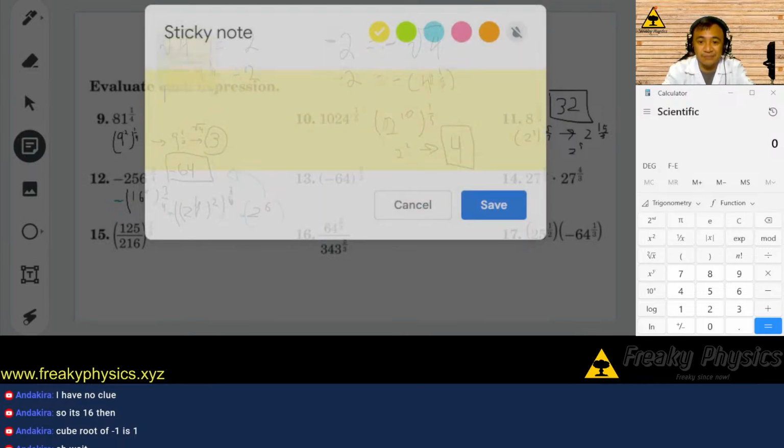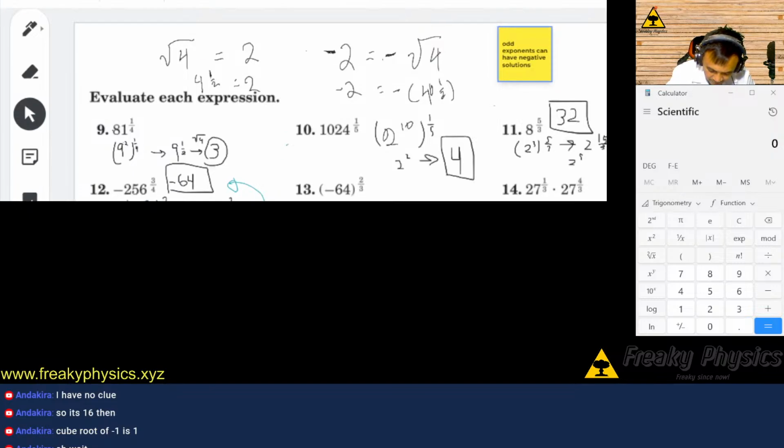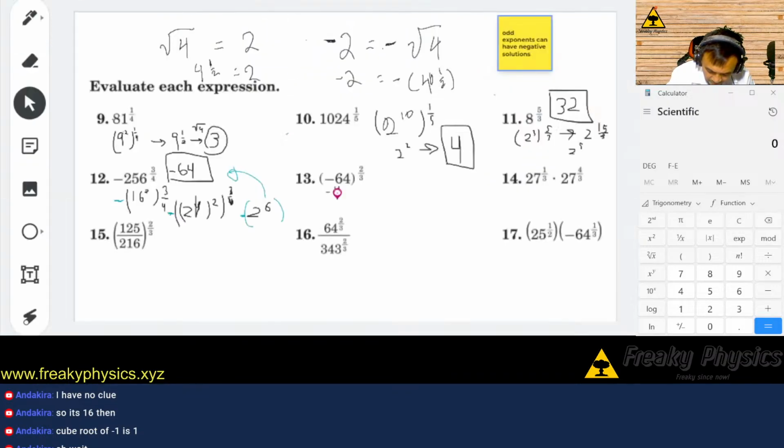So that's your big clue there for number 13. Figure this out now. I made a guess and I was correct. Okay, great. And then you make it two 3s, and these cancel out.